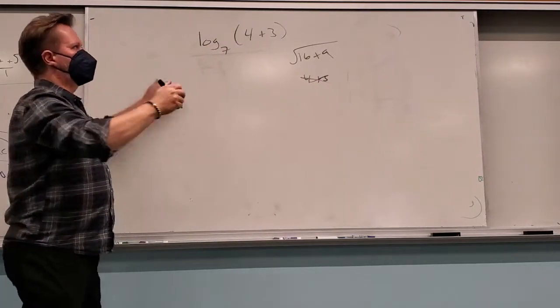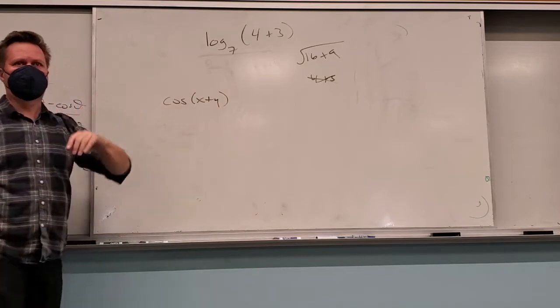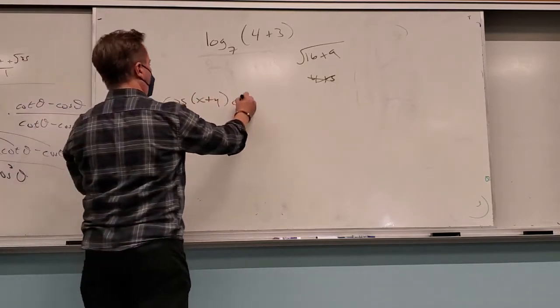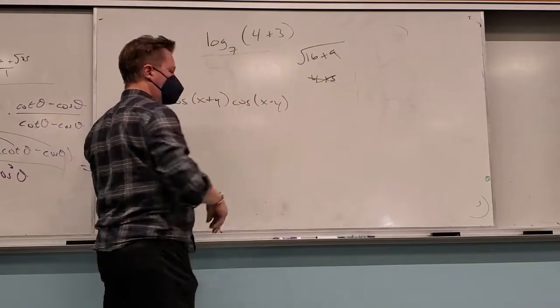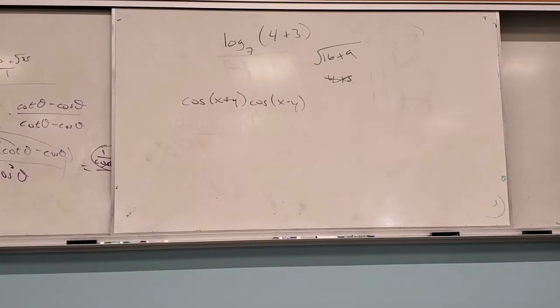Okay. Do I have an identity for cosine of the sum of two angles? Yes, in fact, it's one you have to memorize. Do I have an identity for the cosine of the difference of two angles? Yes. So in this problem, can anyone tell me what this side would be if that was an x instead of a y?